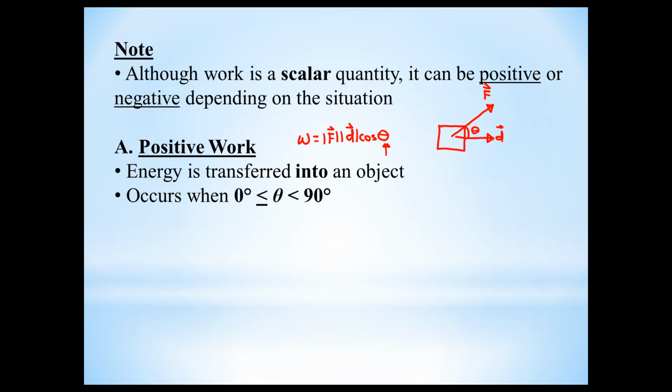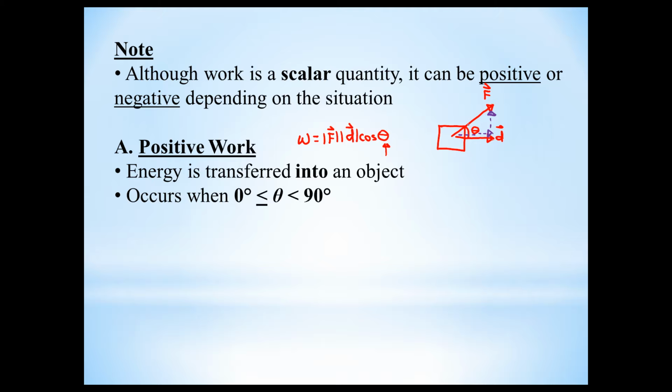As long as there's a component of the force in the same direction as the displacement vector, you will do work. We could take this force vector and show the vector components: the horizontal component and the vertical component. As long as there is a component of the force that is parallel to the displacement, then you will do work.